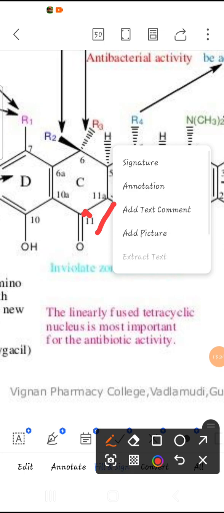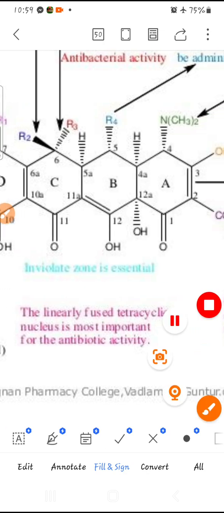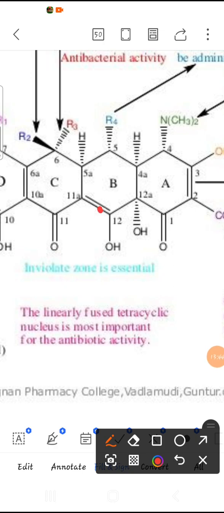Also, dehydrogenation, removal of hydrogen to form a double bond between C5a and C11, also decreases activity. Here we have a double bond; losing this double bond and making a new double bond at the C5 and C11 position will lead to loss of activity.